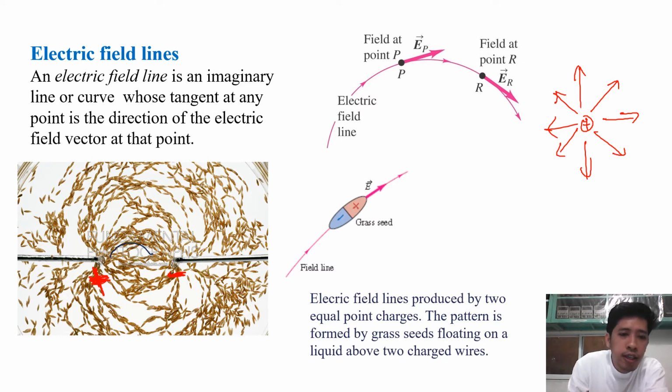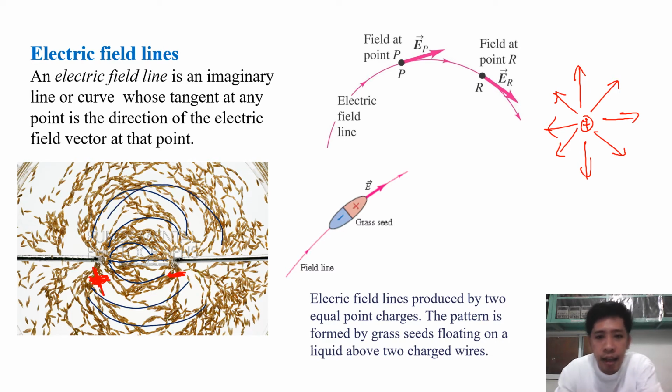As you can see here, you have these lines. These are actually your electric field lines. The electric field pattern is produced by two equal point charges, here the charges coming from your wires.